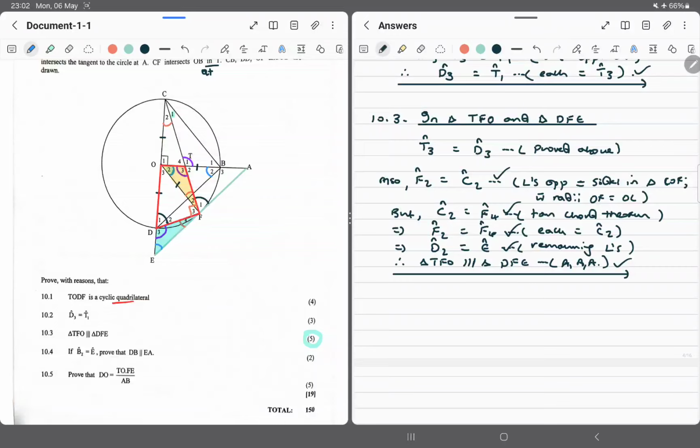Now, we are to prove that DB is parallel to EA. Okay. That's pretty strange-ish. How on earth is that going to happen?